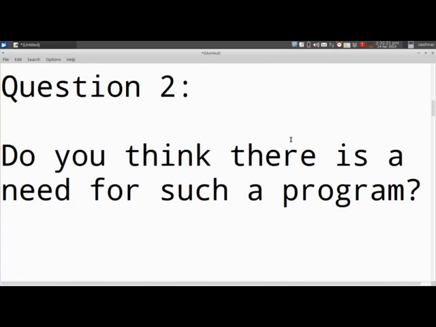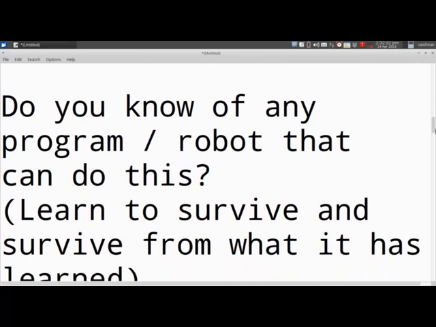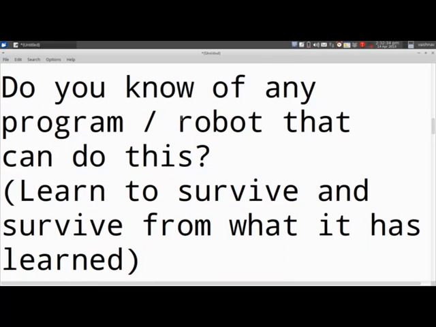Do you think there's a need for such a program? Third question. Do you already know of any program or robot that can do this? That is, learn to survive and survive from what it has learned.